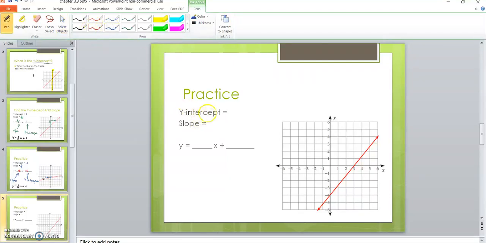The very first thing I'm going to do is find my y-intercept. I follow my line, and I figure out where it crosses the y-axis. It crosses right there, which is minus 4. My next one is the slope. Here's a dot, and it looks like here's another dot.